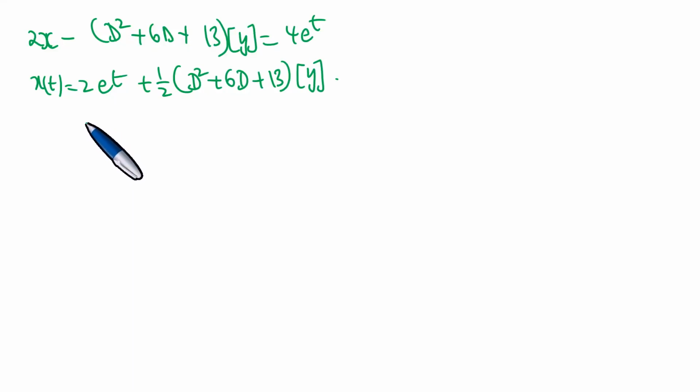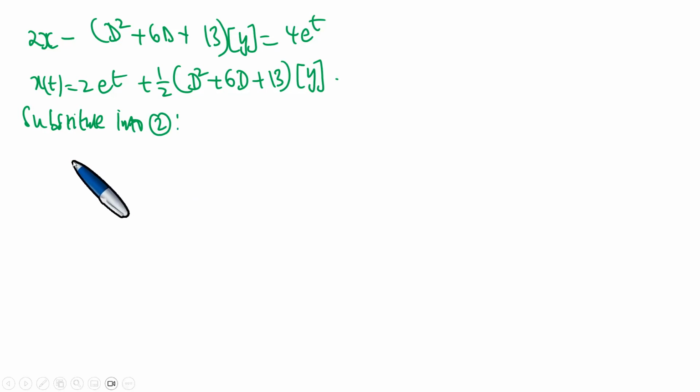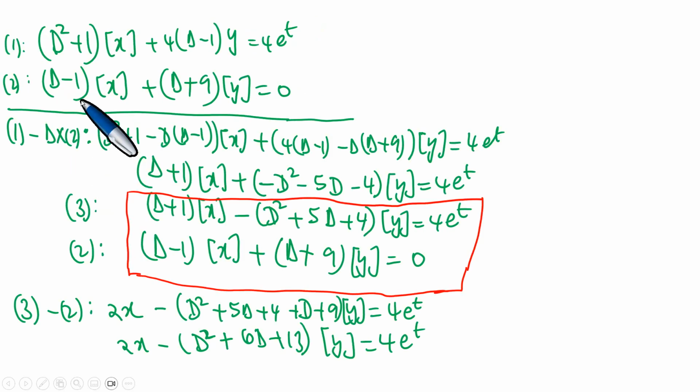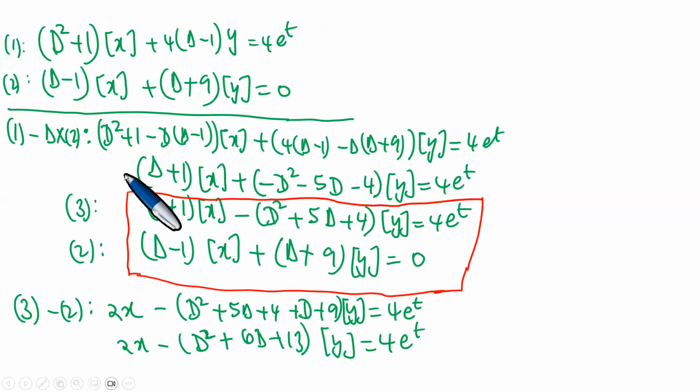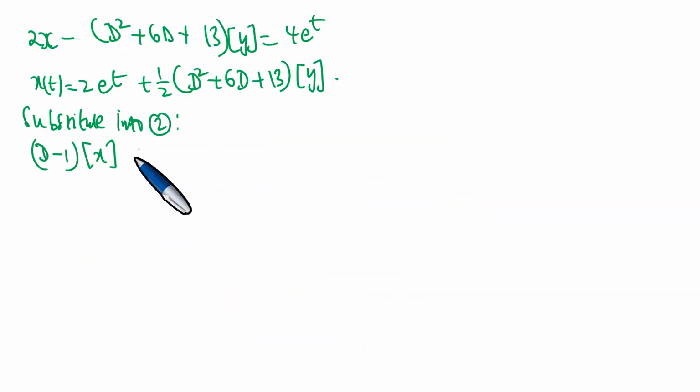So now substitute into equation 2. What is equation 2? It's this one, given d minus 1 into x, d plus 9 into y. So d minus 1 into x plus d plus 9 into y.